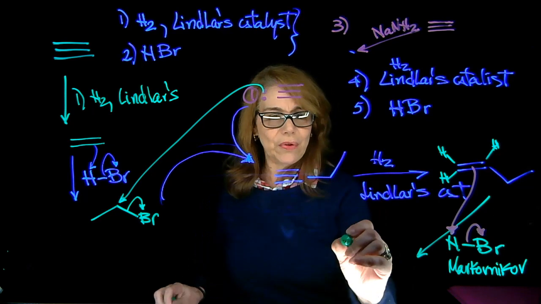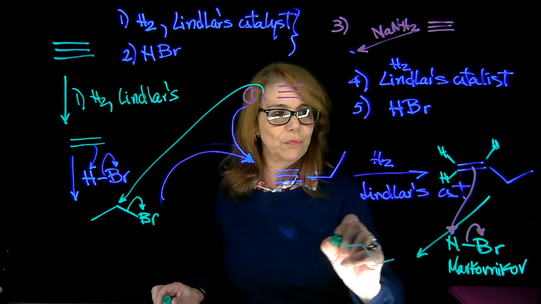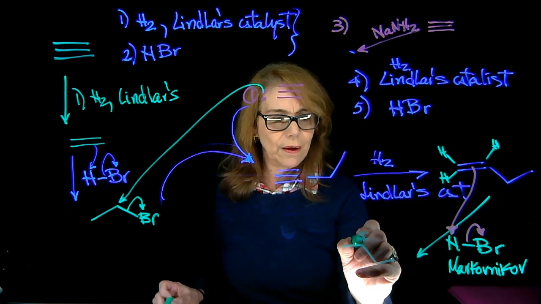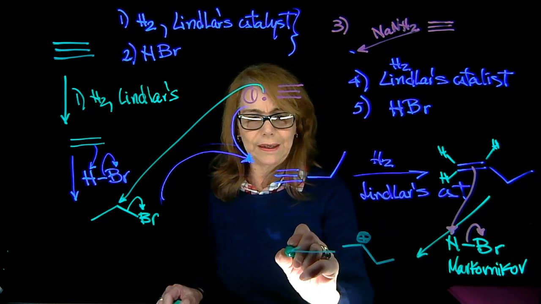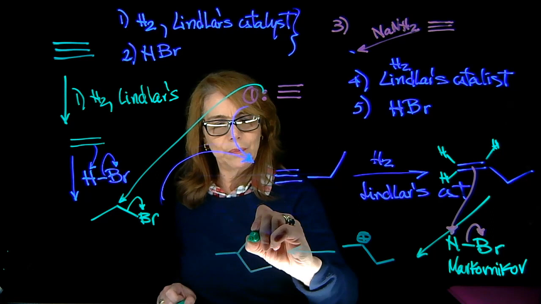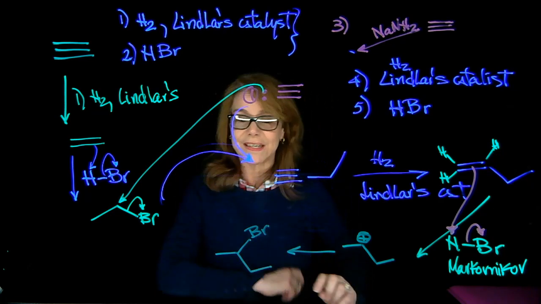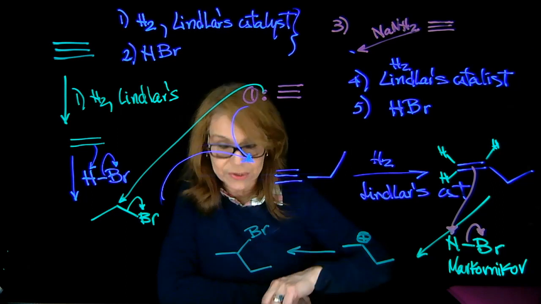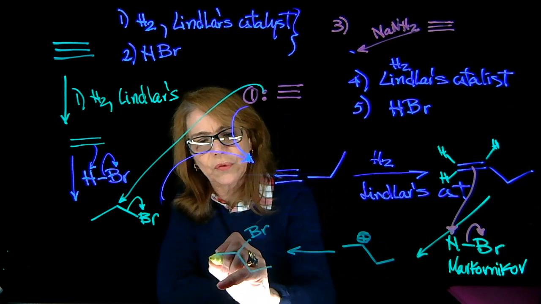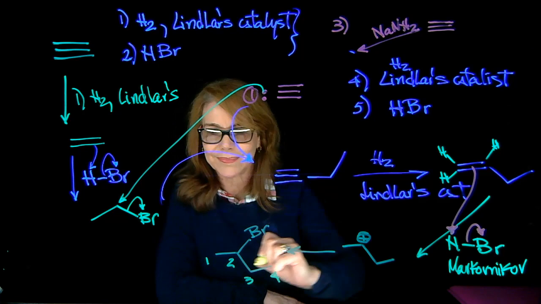So that way we make, remember, the mechanism. When we do that, we will create this carbocation, and later on, the final product will have a bromine in this position. So the final product of the sequence of reactions that we have there is 2-bromobutane.